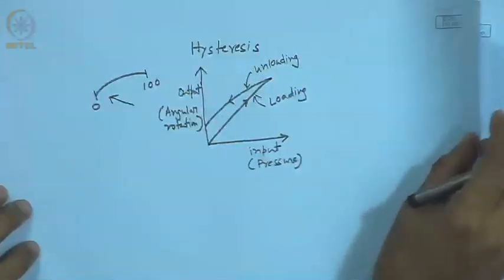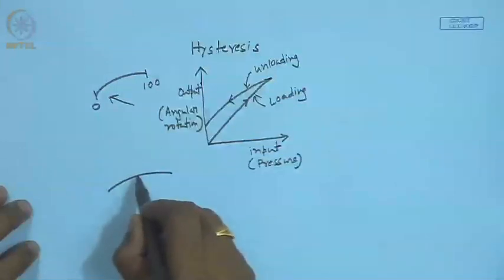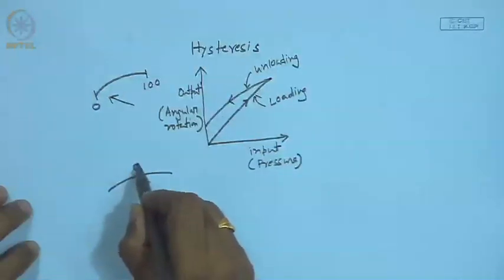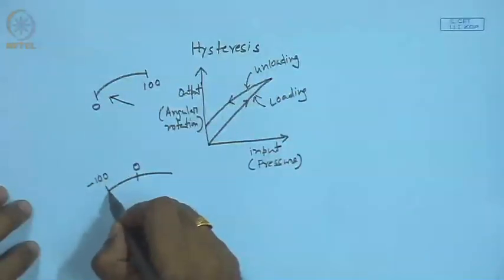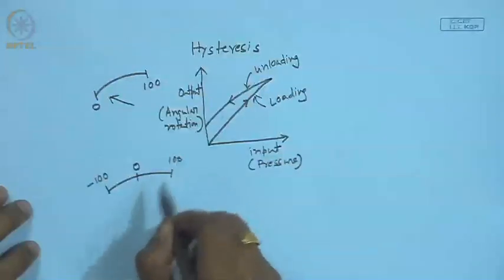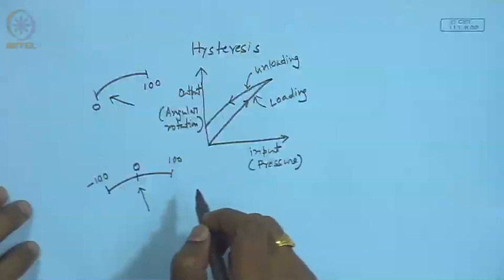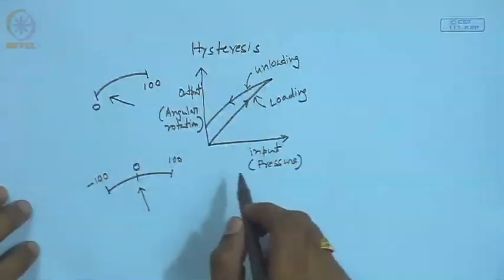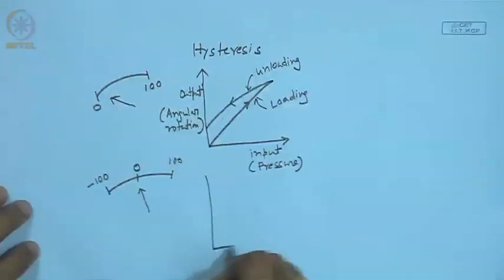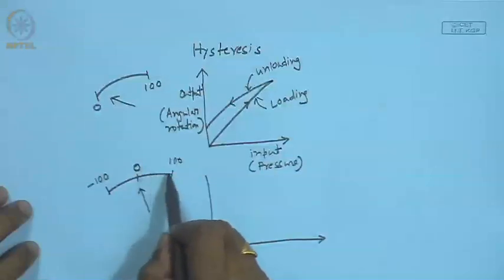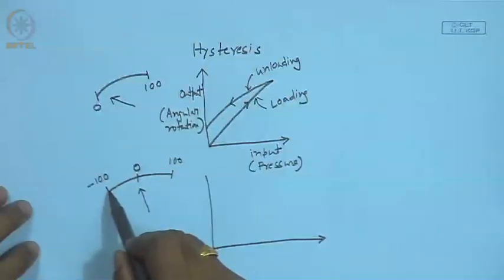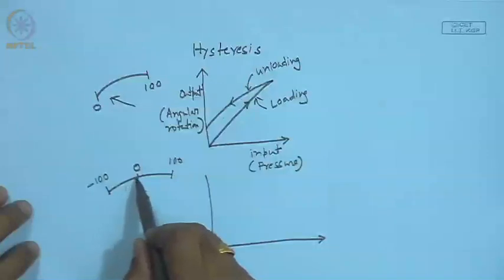If we have a scale with 0 at the middle, minus 100 units at this end and 100 units at the other end, and I do the same experiment, we start from 0, go on increasing up to 100 units, then come back to minus 100 units and finally return to my initial starting point.